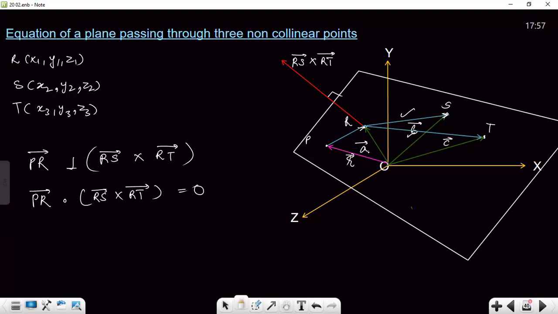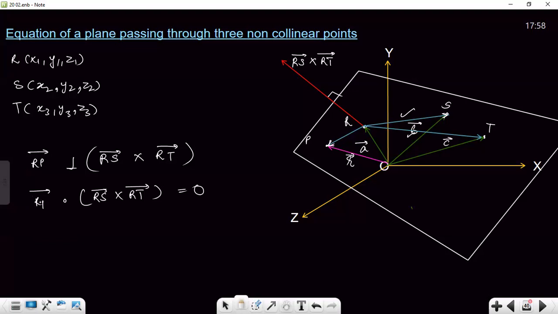PR vector is A vector minus R vector. Or let's take RP vector for convenience, so that we have R minus A vector. RP vector will also be perpendicular to the vector that is perpendicular to the plane, so there's no problem in that.